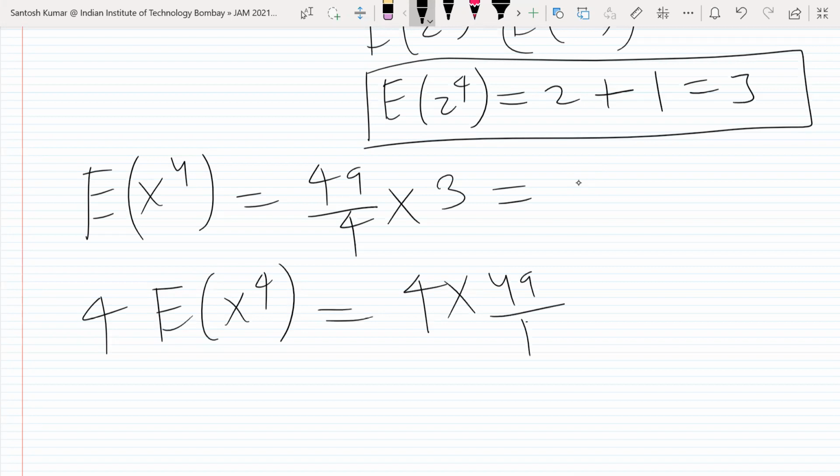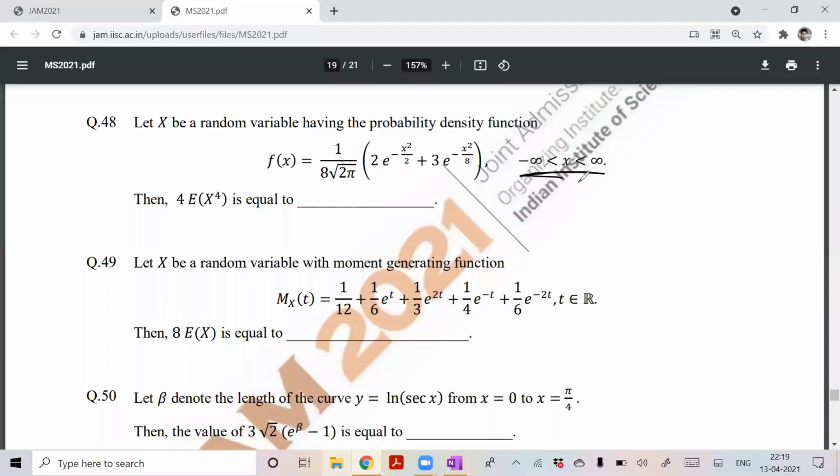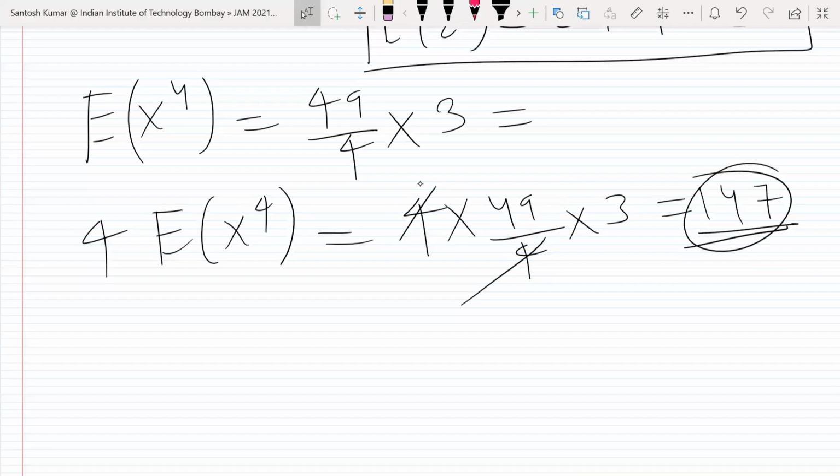So 4 times 49 by 4 into 3. 4 and 4 cancel. 49 3s are 147. So they asked us for 4 times E x4, and that we get 147.